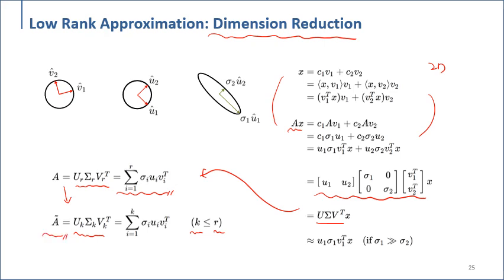So using this, we can reconstruct a matrix similar to A, let's say A hat, reconstructed from only K singular vectors. This is the dimensional reduction using SVD.